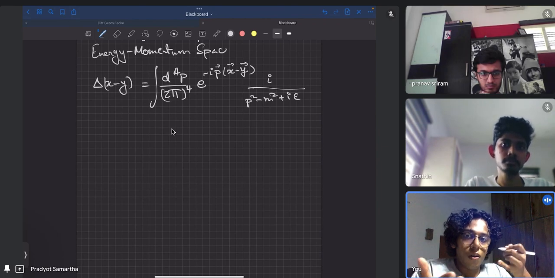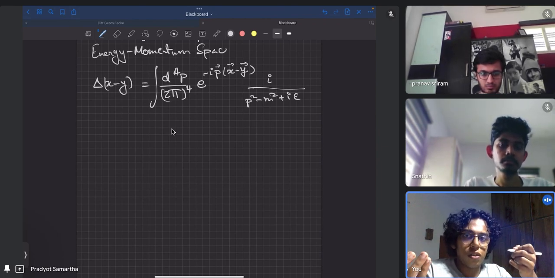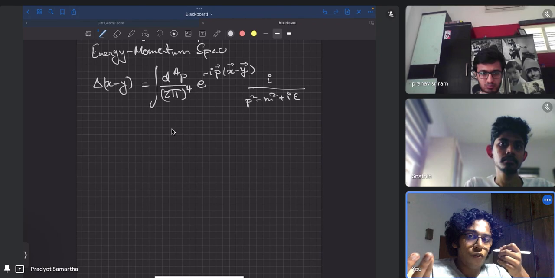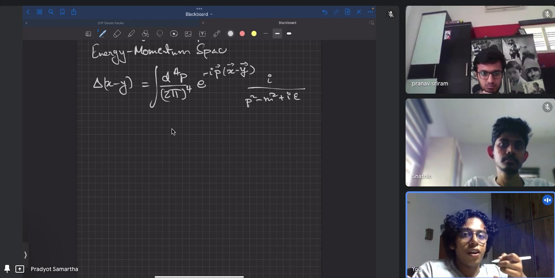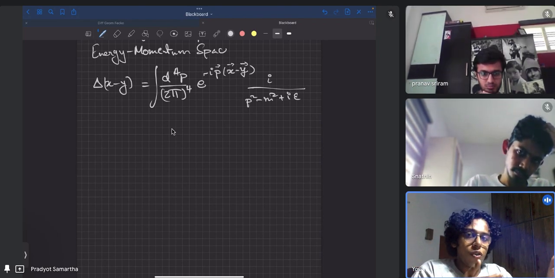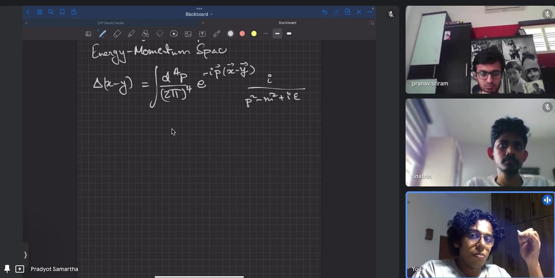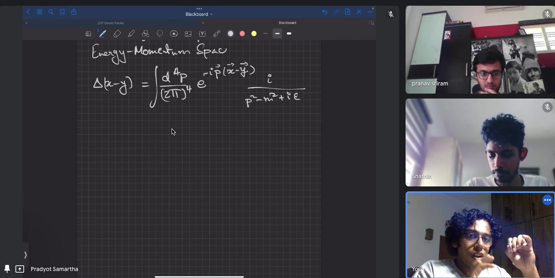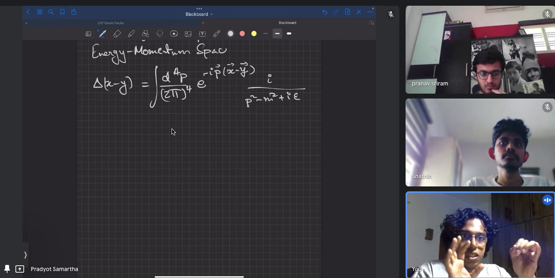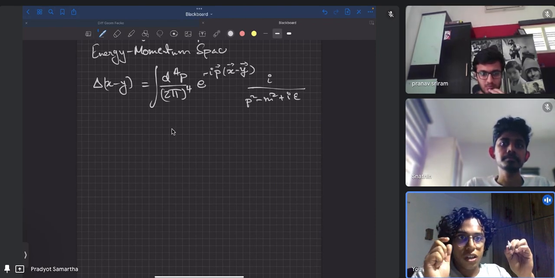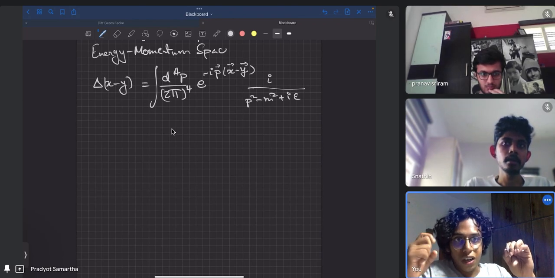That's why it's called the energy momentum space. There's a flow between your energy, which is mass, and your momentum. If you're considering a four-dimensional space time, your zeroth dimension is your time.